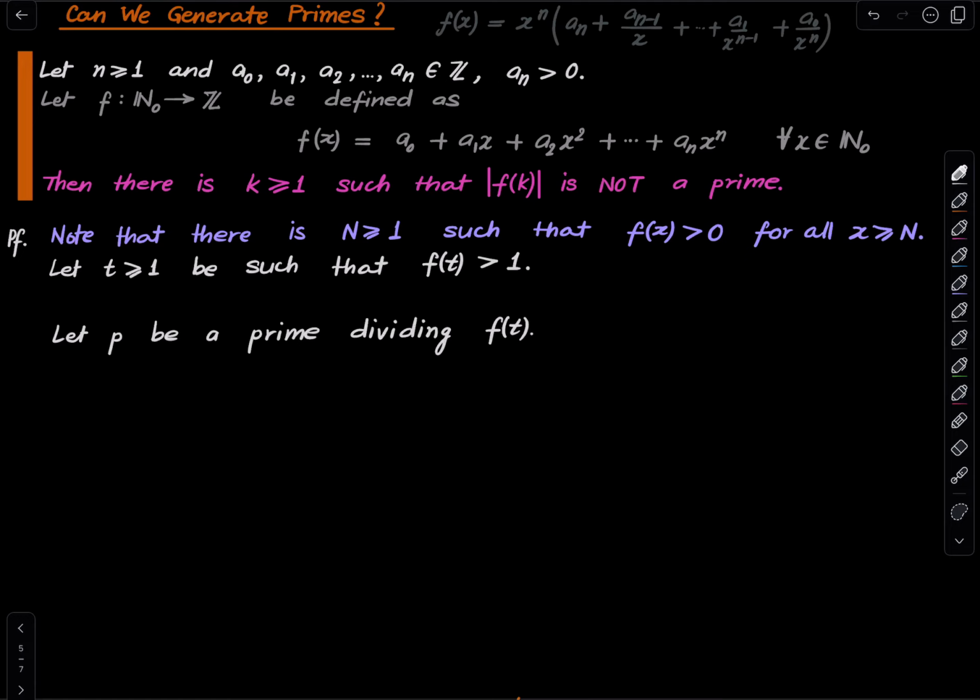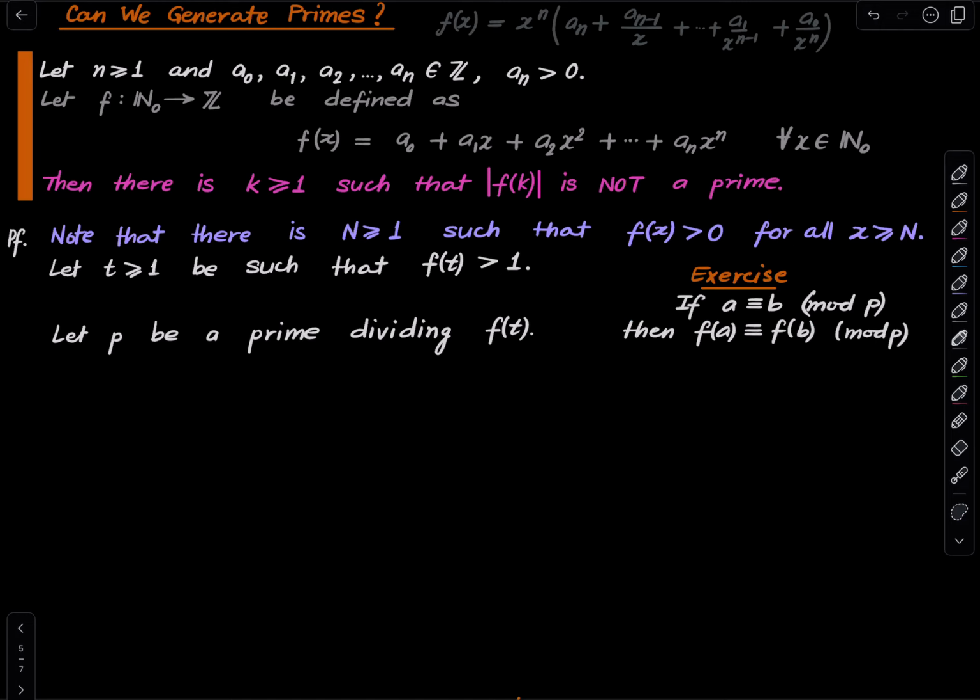Here is an exercise for you. If a is congruent to b mod p, then f(a) is congruent to f(b) mod p.